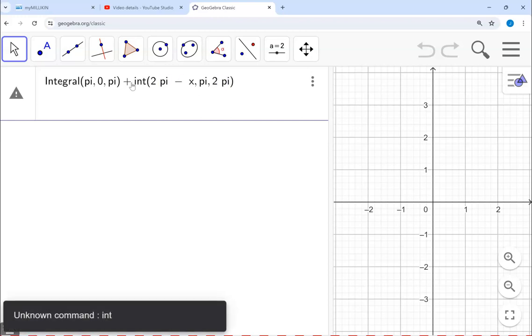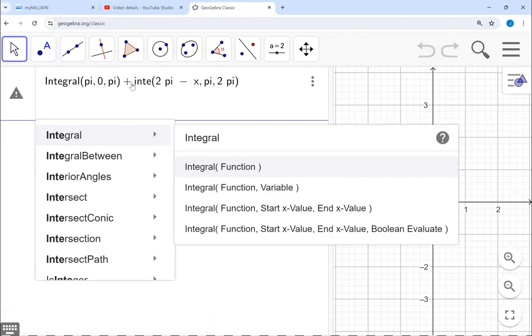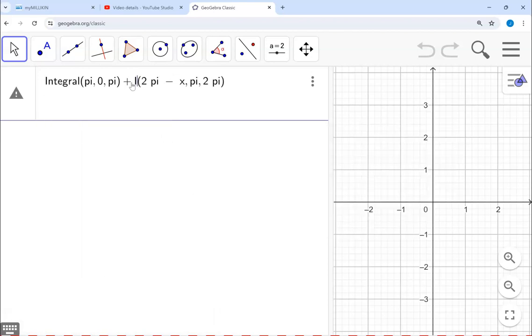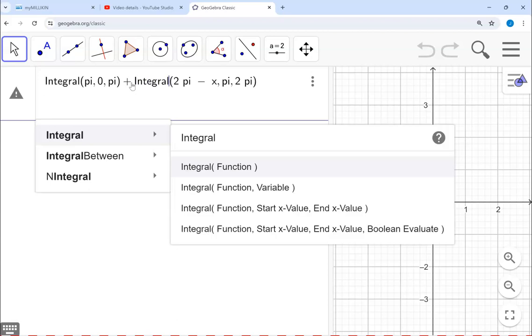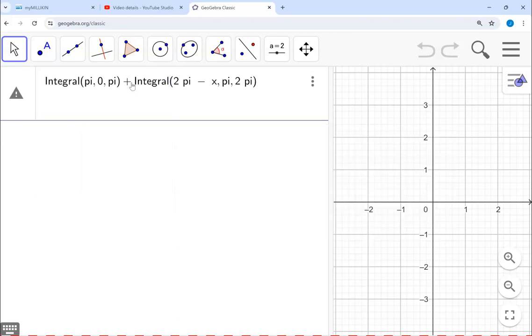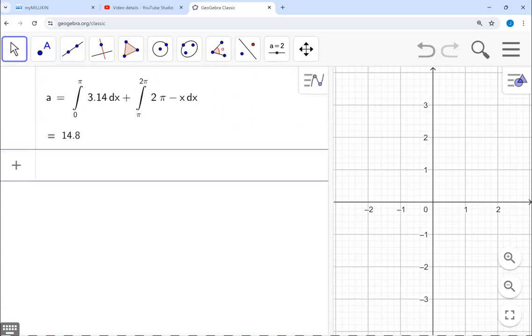Oops. Apparently I didn't hit the enter key. There we go. Try that again. Okay.